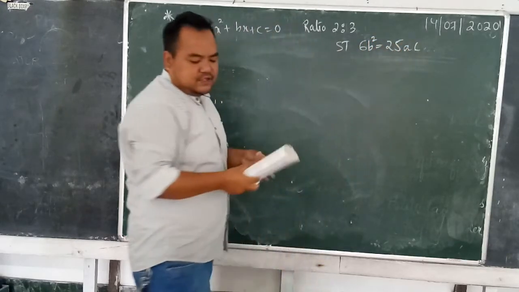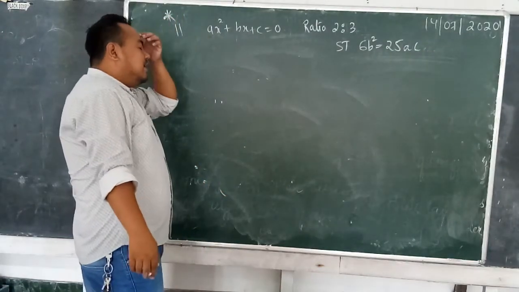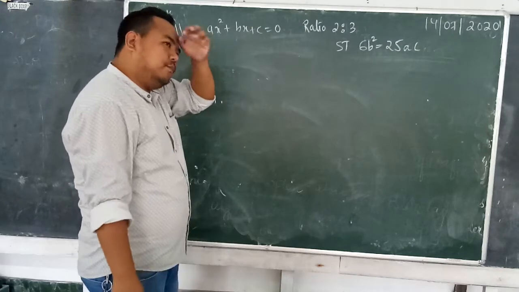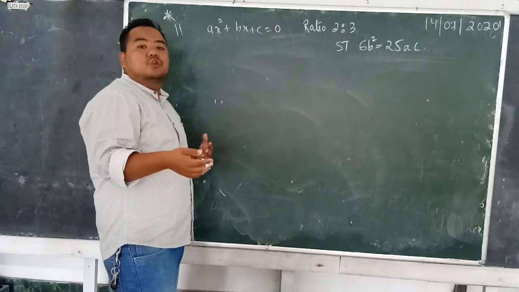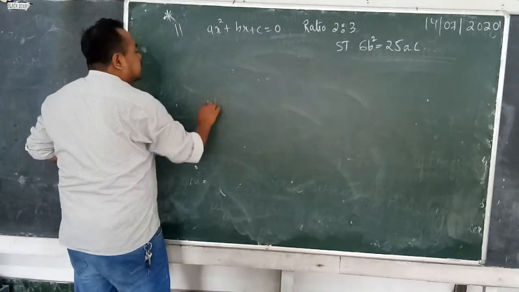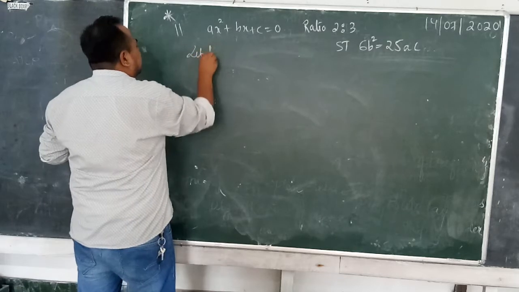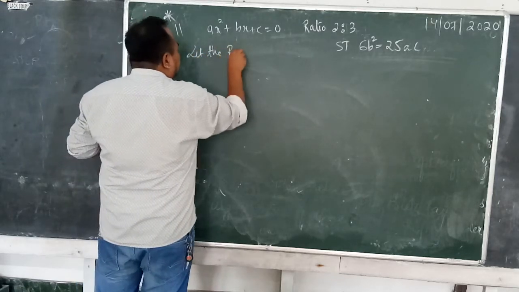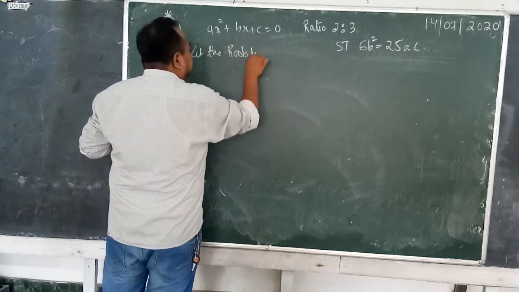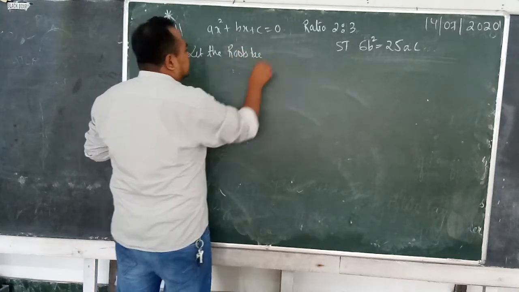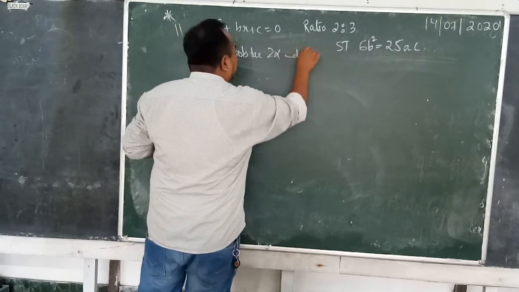Now how to do this? So look at the question again. A quadratic equation will have how many roots? It will have two roots. So the two roots are in the ratio 2:3. So how do you convert ratio into numbers? You just multiply with a variable. So let the roots be 2 alpha and 3 alpha.